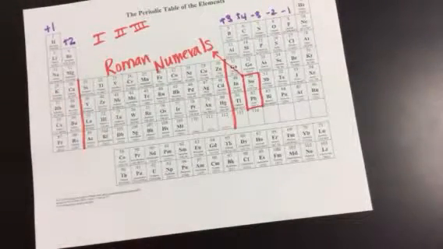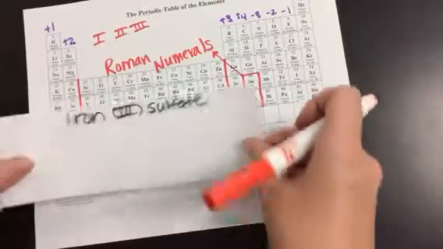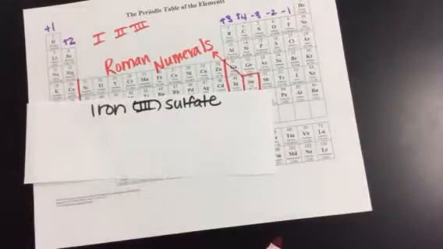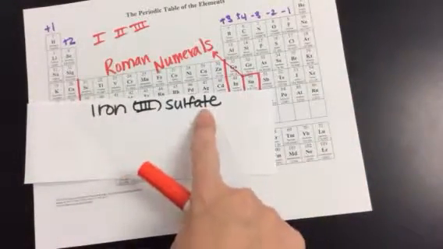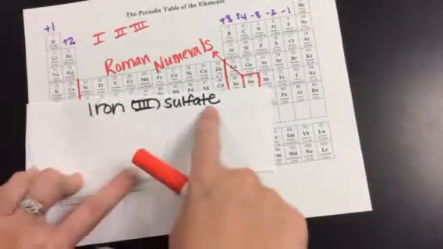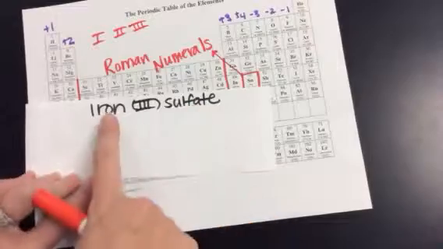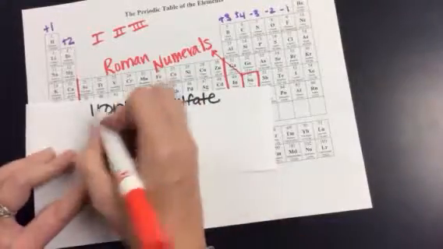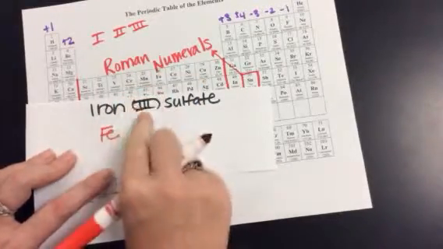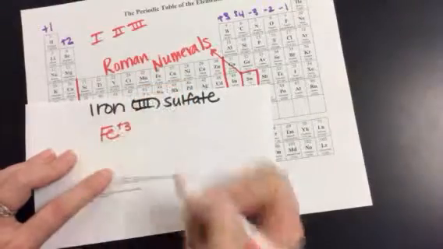Now in my next example, I have a polyatomic ion. My polyatomic ion here is sulfate, ate. So that tells me that it's not sulfide, but one of my polyatomics. So I'm first going to deal with my iron. Iron is Fe. This 3 tells me that iron has a +3 charge.